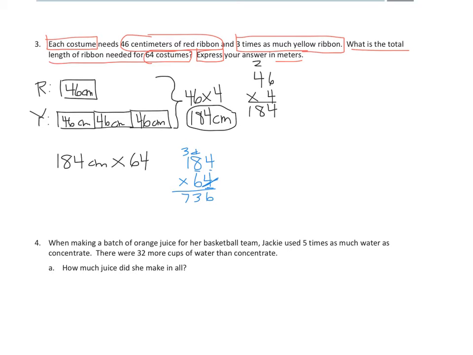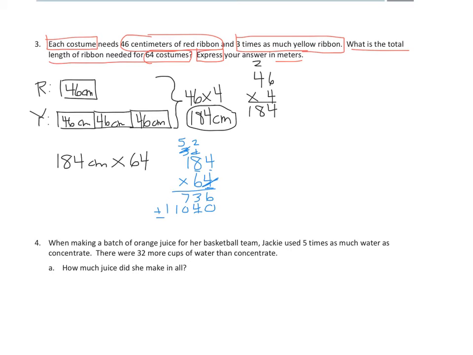I'm crossing the numbers up on top. I know I need a 0 placeholder because my answer needs to start in the tens. 6 times 4 is 24, so I'm going to carry my 2, bring down my 4. 6 times 8, that is 48, plus 2 more is 50, so carry your 5, bring down your 0. And 6 times 1 is 6, plus 5 more would be 11.